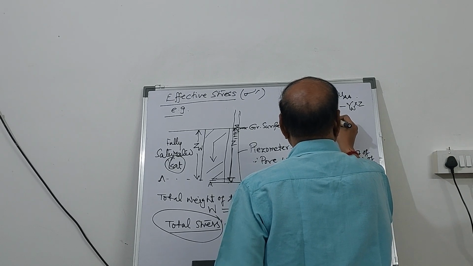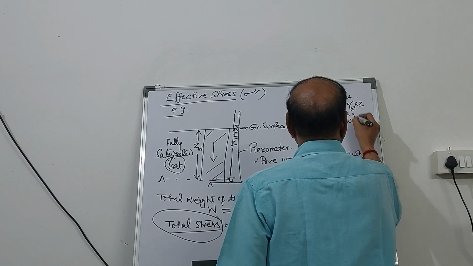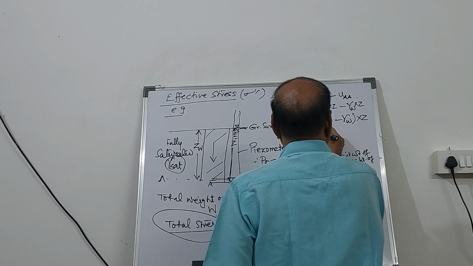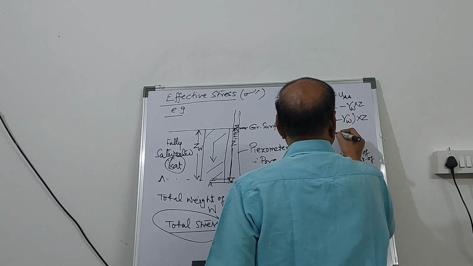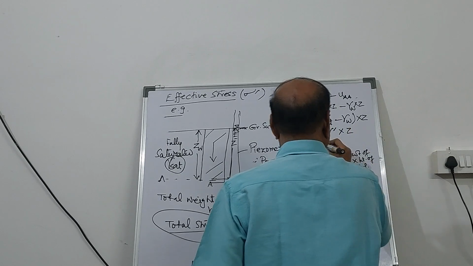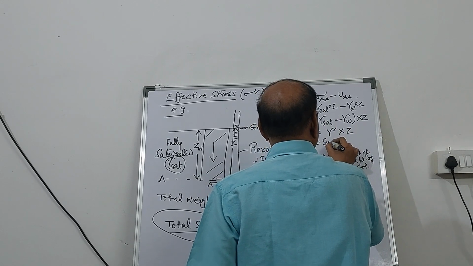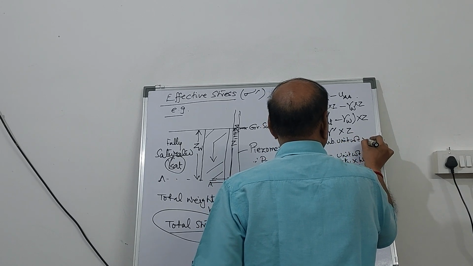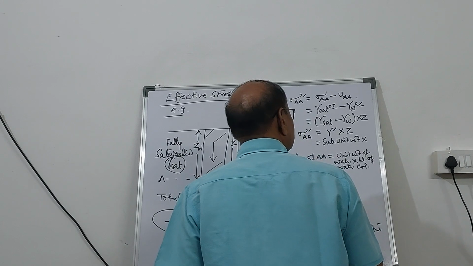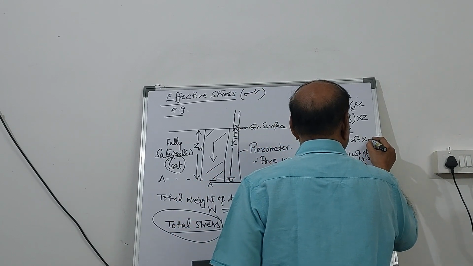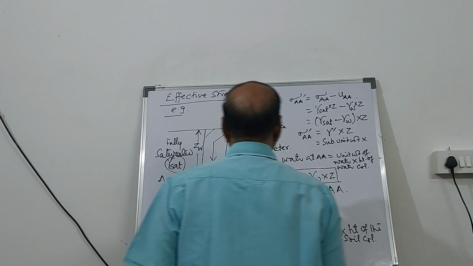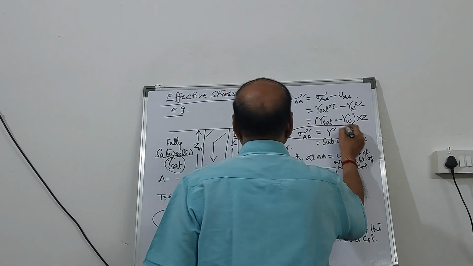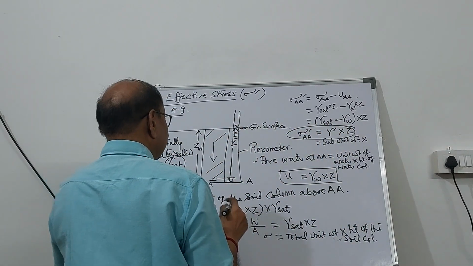It becomes gamma sat minus gamma W into Z. Therefore, effective pressure at A will be gamma submerged multiplied by Z. So it is the submerged unit weight into the height of the soil mass. This is how you can find it out for fully saturated soil.